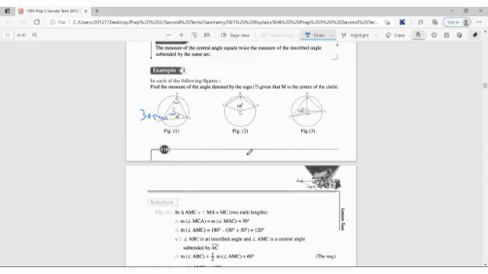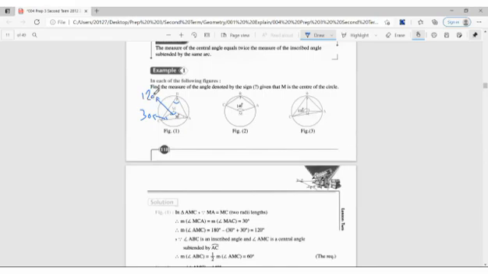Yes. 180 minus the sum of the other two angles. The sum of the two angles is 30 plus 30 equals 60. So the measure of the central angle AMC is 180 minus 60 equals 120.